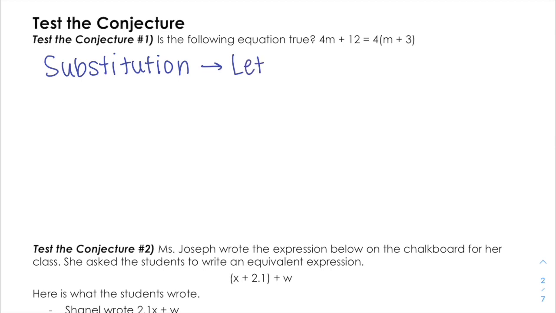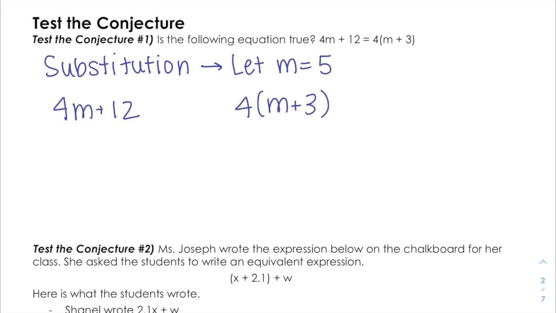We are going to let m equal 5, and then we're going to plug 5 in for our number sentence. So I'm going to solve the left-hand side over here. We have 4m plus 12, and then on the other side 4 times the sum of m plus 3.